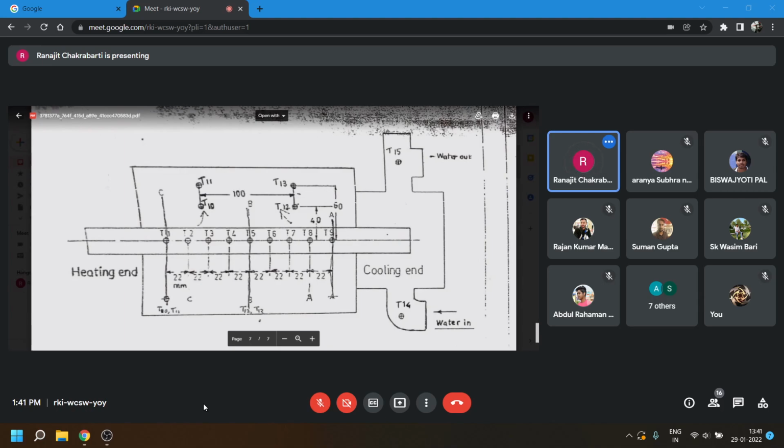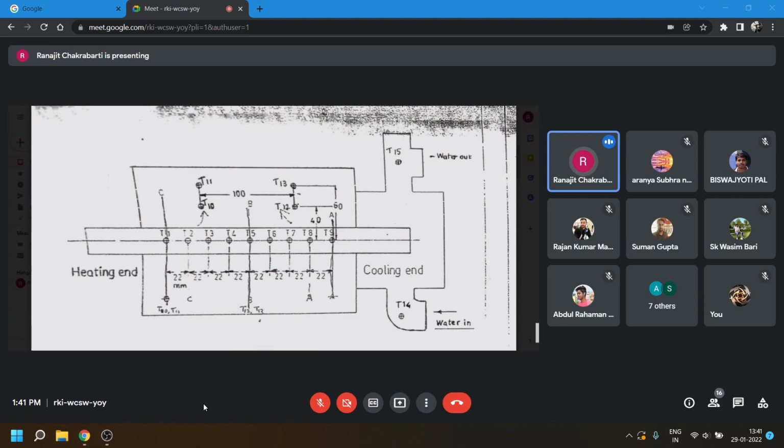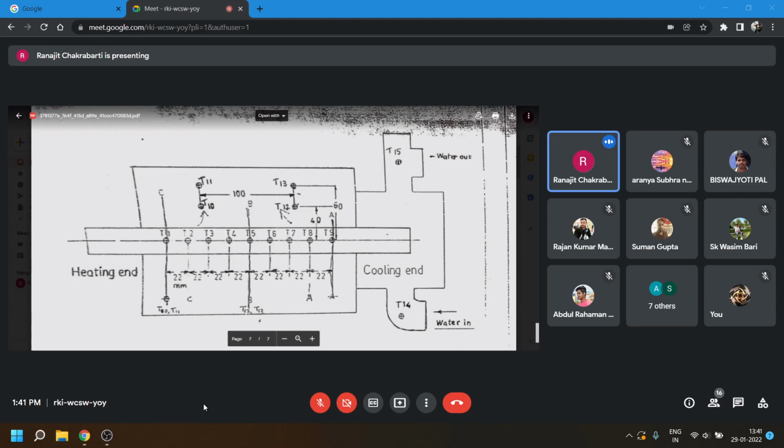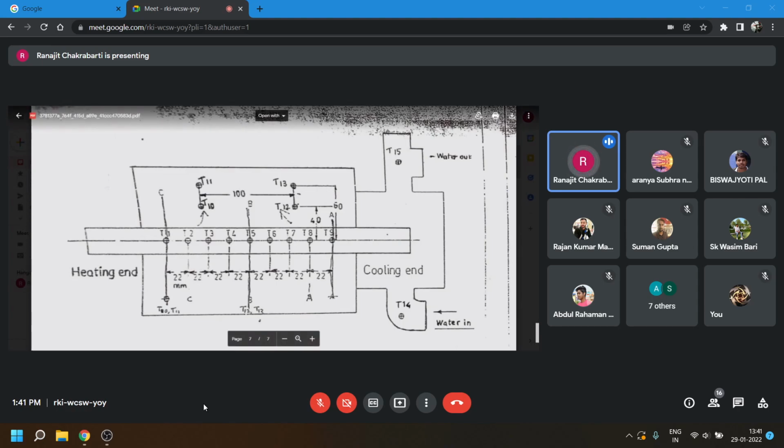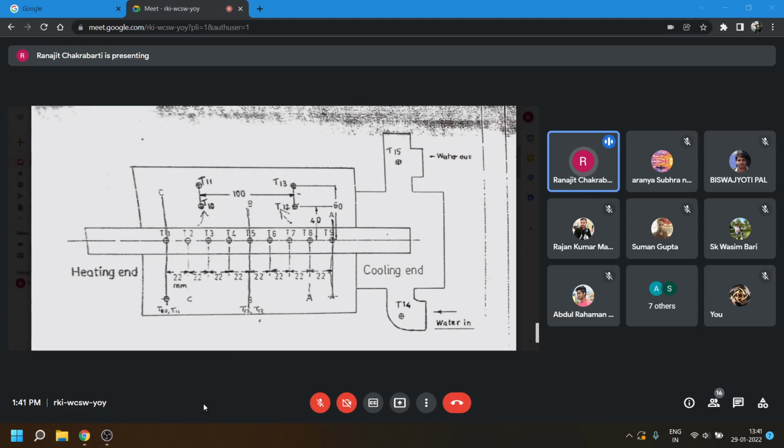Now what we do, we are plotting this distance on a graph paper. So let's say this is the 0th point along X or Z, whatever you say. This Z is 22, Z is 44, Z is 66. That way it is increasing. And at every position, what is the temperature?